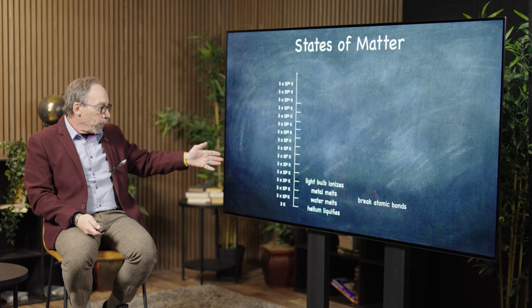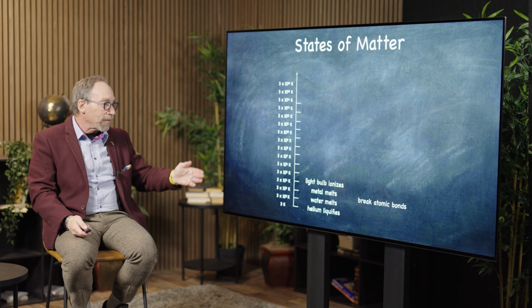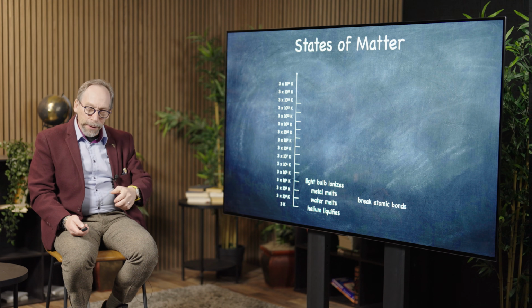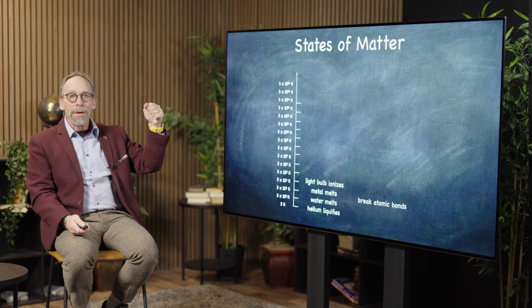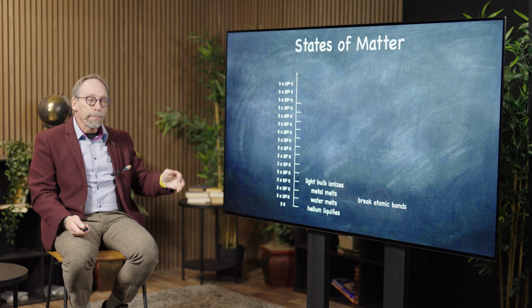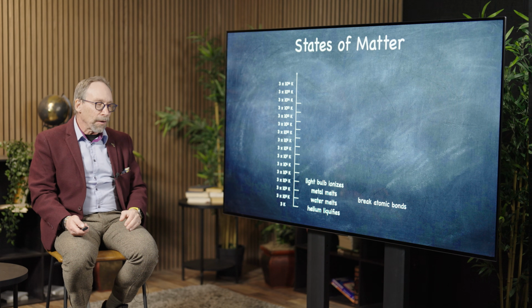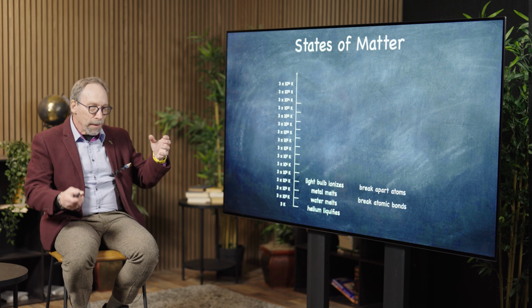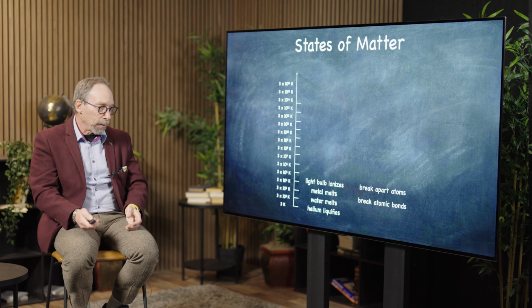But if you go up, say, in an incandescent light, you're ionizing, you're actually tearing apart the electrons, not just from hydrogen, but in fact from even heavier elements. An incandescent light bulb involves the ionization of breaking the electrons out of atoms.